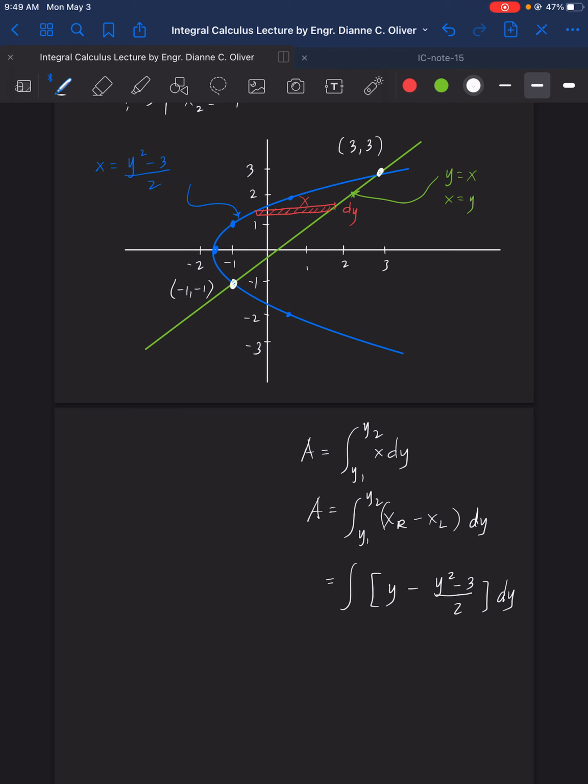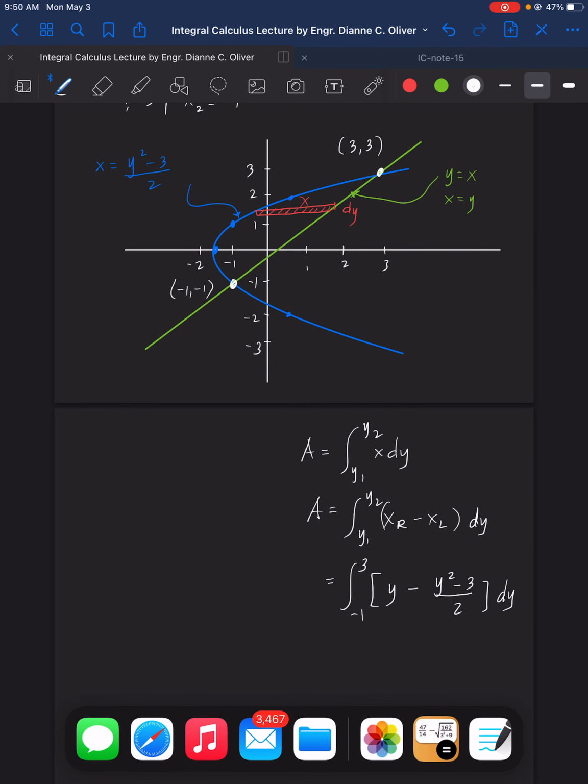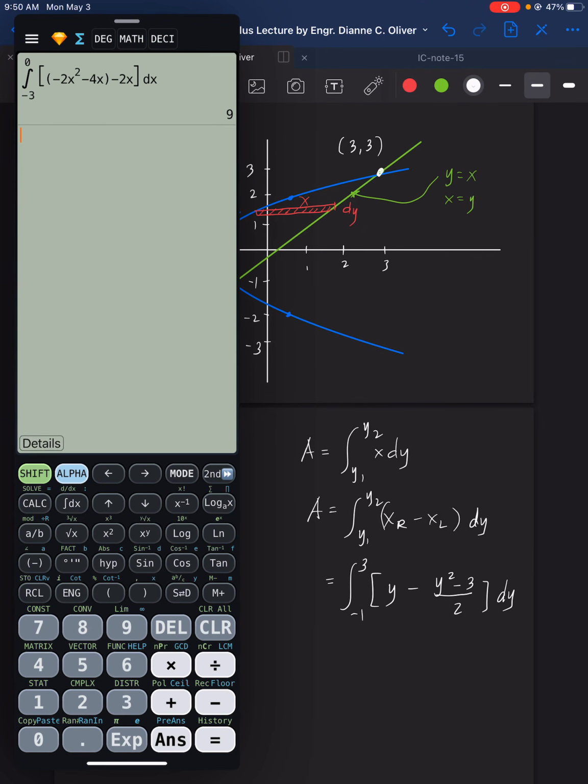Then for y1, the lowest, we have the lowest point of intersection, negative 1. The y2 is the highest point of intersection. We have there 3. Therefore, we now have the area: integral of y minus (y squared minus 3 over 2) dy.